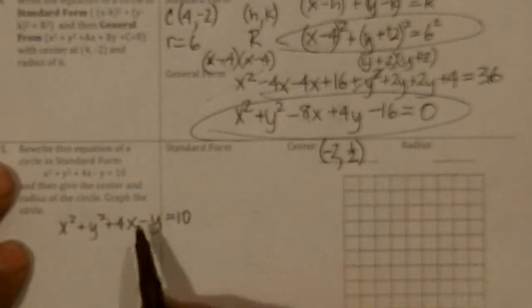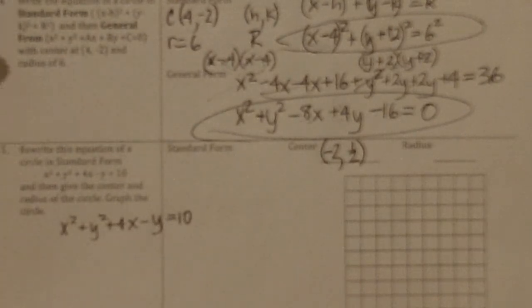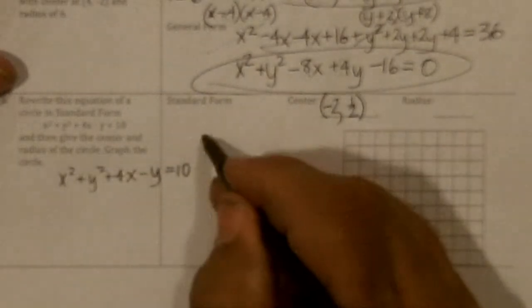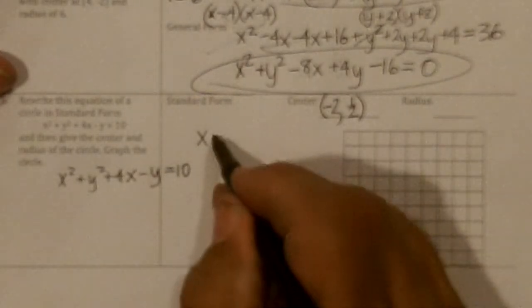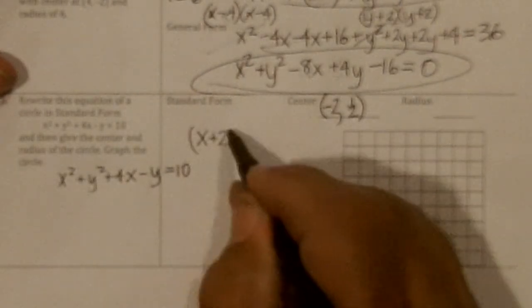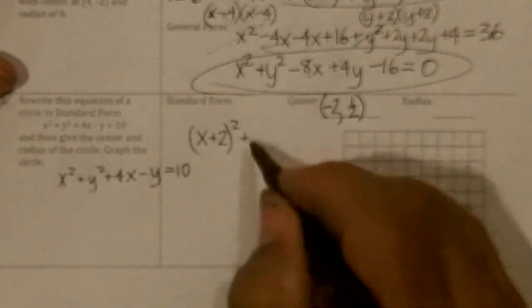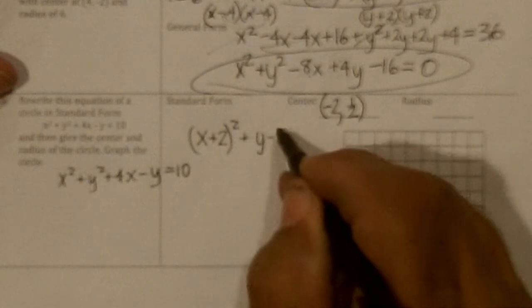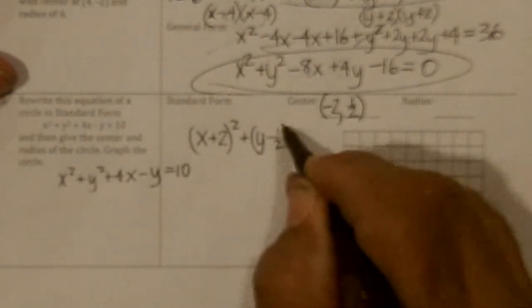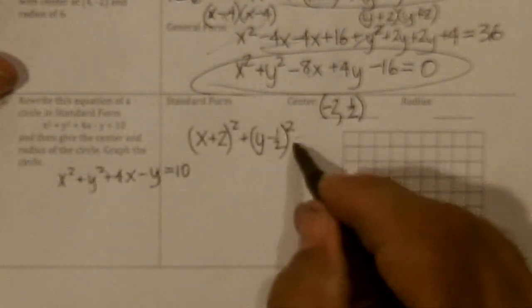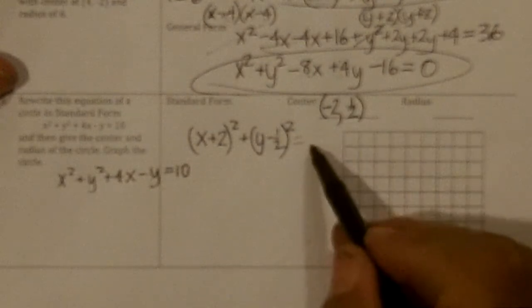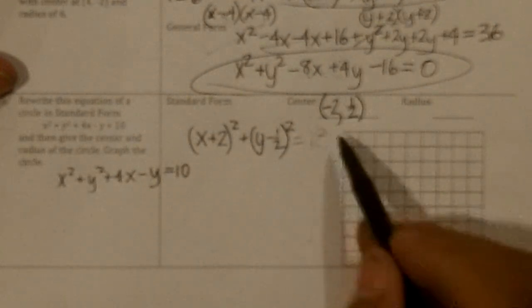So the standard form must be (x + 2)² + (y - 1/2)² = now I've got to figure out what r squared is.